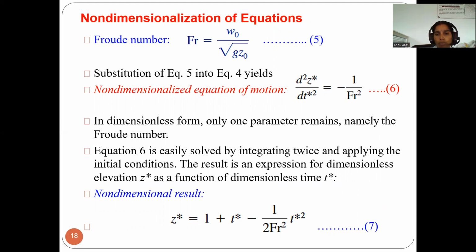In dimensionless form, only one parameter remains, namely the Froude number. Equation 6 is easily solved by integrating twice and applying the initial conditions. The result is an expression for dimensionless elevation z as a function of dimensionless t. The non-dimensional result is z equals 1 plus t minus 1 divided by 2 Fr squared times t squared.